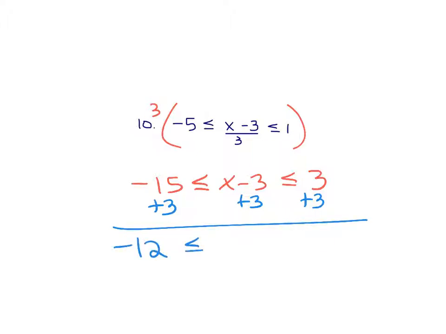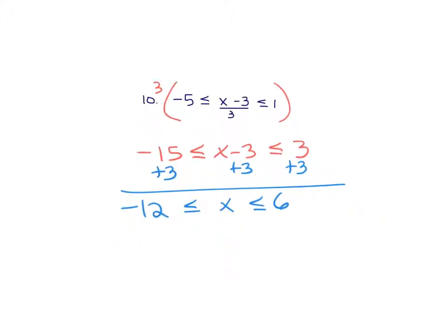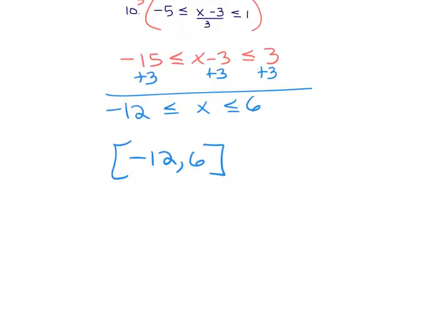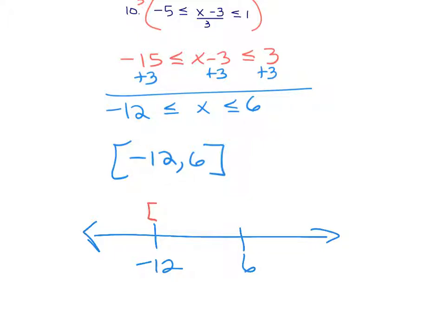Negative 12 less than or equal to x, which is less than or equal to 6. In interval notation, negative 12, comma 6 with brackets because it's less than or equal to. And on the number line, it's going to show bracket, bracket, connected in the middle.